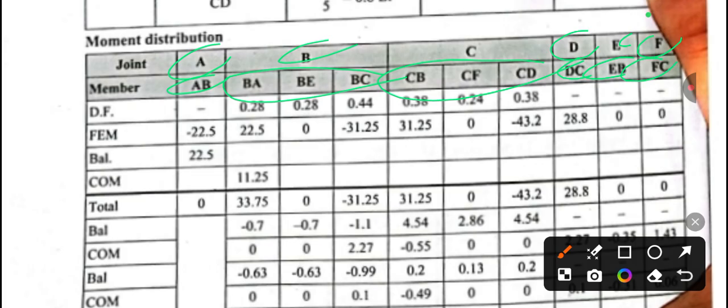Okay. Now, after the joint and member, we have to write the distribution factor. As I said, whenever the end support is a hinge, from any point to that hinge support at an end point, the distribution factor is always 1. Remember this thing.